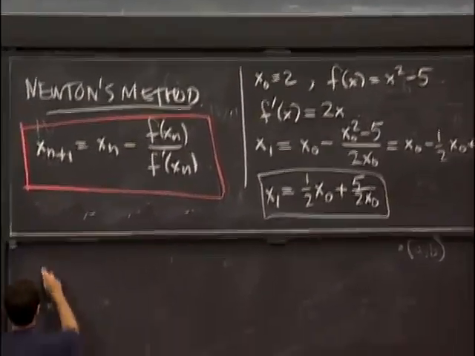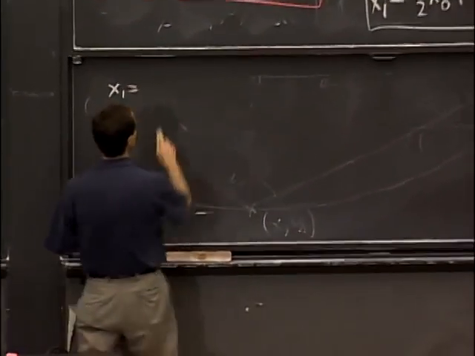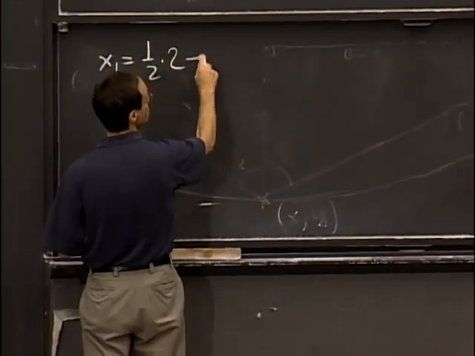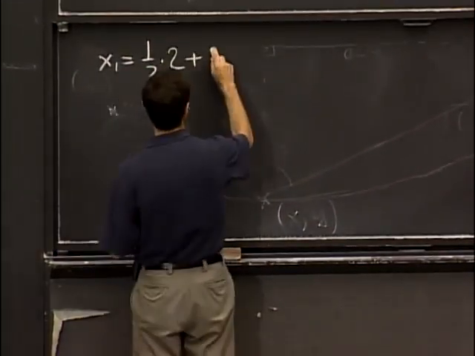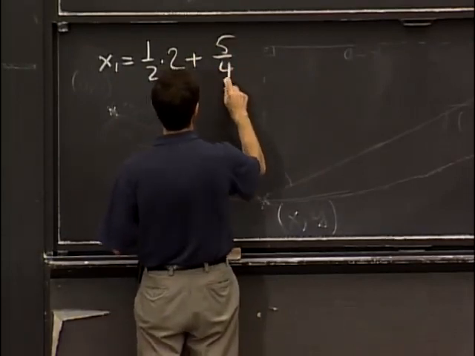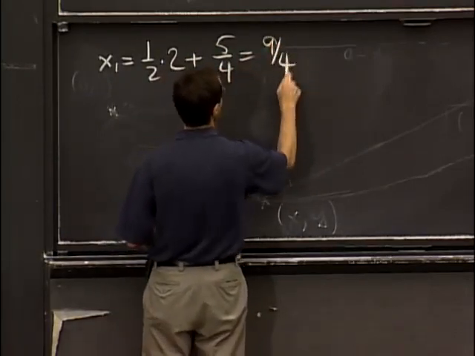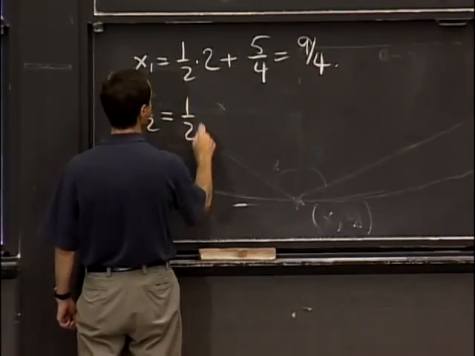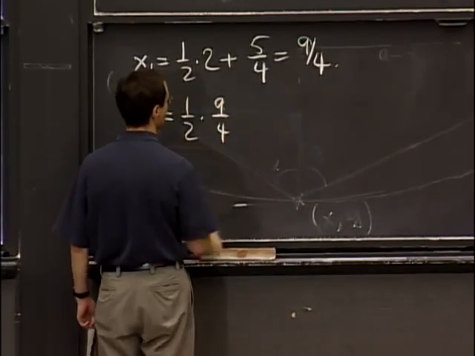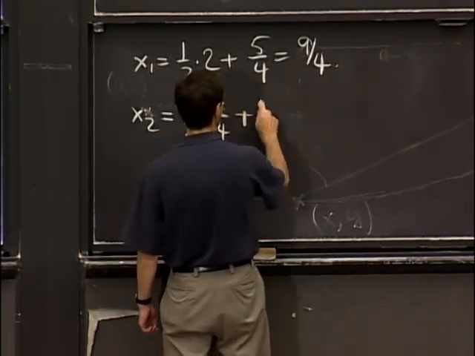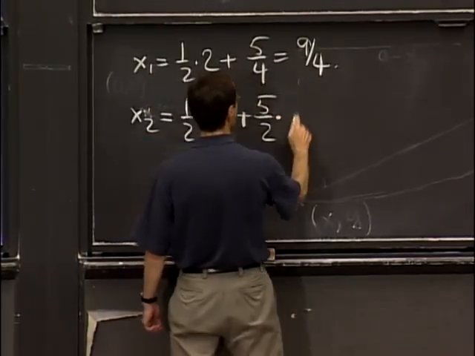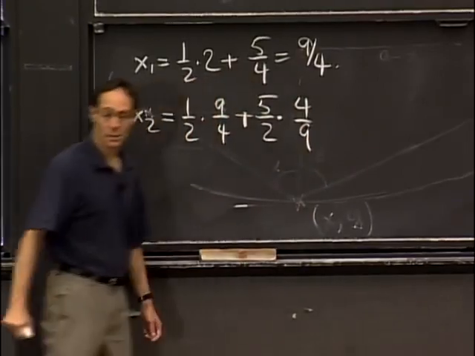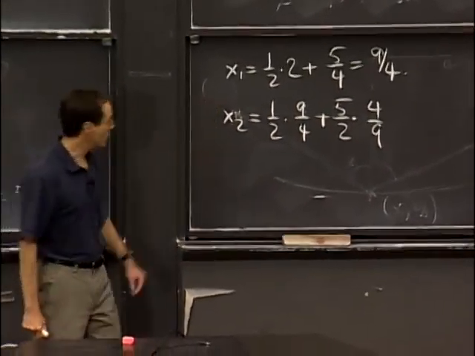So first of all, we have x1 is a half times 2, if I plug in x0, plus 5 fourths, which is 9 fourths. And x2, I have a half times 9 fourths plus 5 halves times 4 ninths. That's the next one.